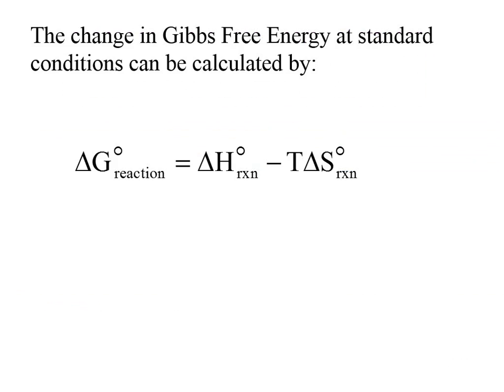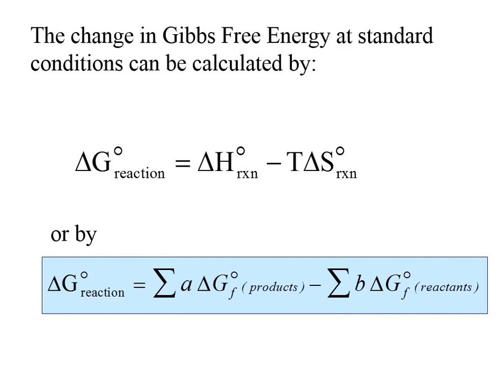So there are 2 ways to calculate the change in Gibbs free energy of a reaction. This is one of them, and then this is the other one. Does this kind of look like something you've seen before recently? It might ring some bells. Instead of this term, we could substitute entropy.